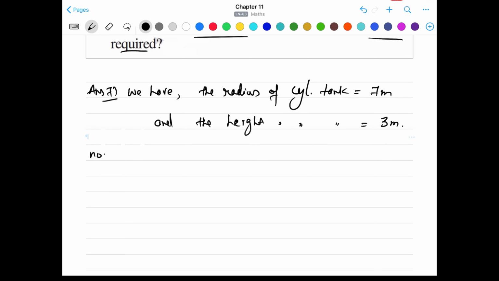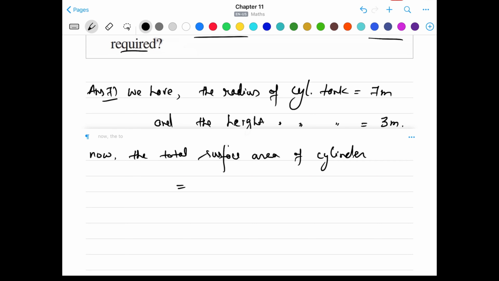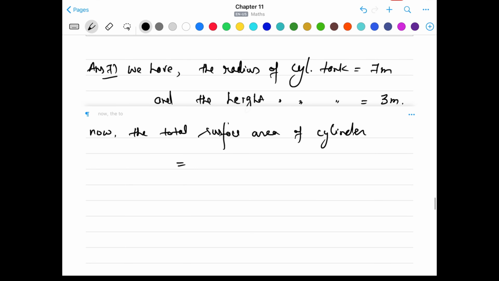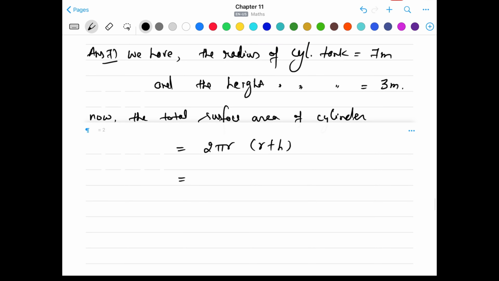Now the total surface area of cylinder is given by, we know the formula to calculate total surface area of cylinder is 2 pi r, then r plus h. Let's put the values.